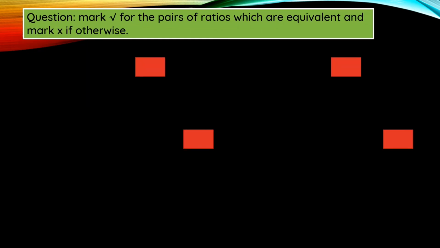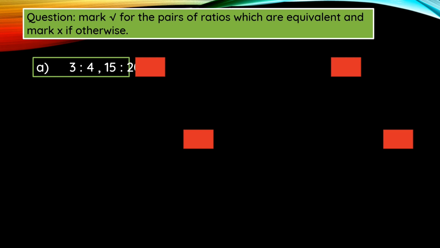Question: mark right for the pairs of ratios which are equivalent and mark wrong if otherwise. 3 ratio 4, 15 ratio 20. Is this equivalent?